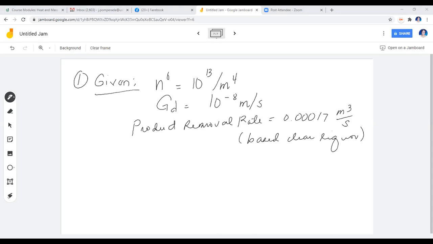The next statement says that the volume of the vessel based on clear liquor is 4 cubic meter and the crystal density is 2,660 kilogram per cubic meter and a volumetric shape factor of 0.7. So another 3 information for this. So we're given the volume, which is 4 cubic meter, again based on clear liquor.